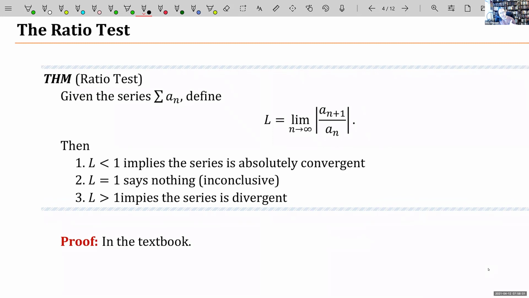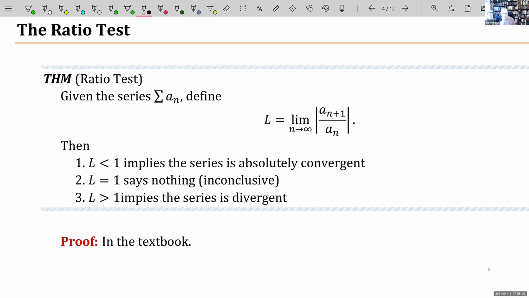I've told you the limit comparison test is a go-to when it comes to comparison tests. The ratio test is my go-to when it comes to any test. It's my first reaction. I dive into the ratio test if there's something not obvious otherwise. I will try the divergence test before the ratio test, but other than that, the ratio test is pretty much my go-to.